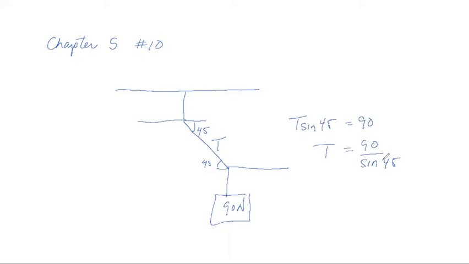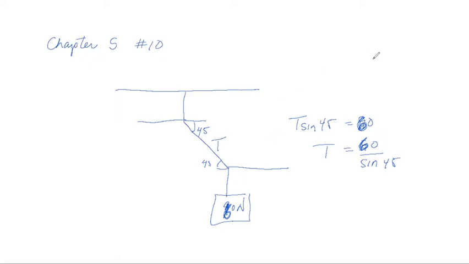Oh, I'm sorry, that's 60 newtons. Okay, so that's 60. Let me pause and rework this. Okay, this is 60, not 90, 60. So it's 60 divided by sine 45, and that's going to be 84.8 newtons.